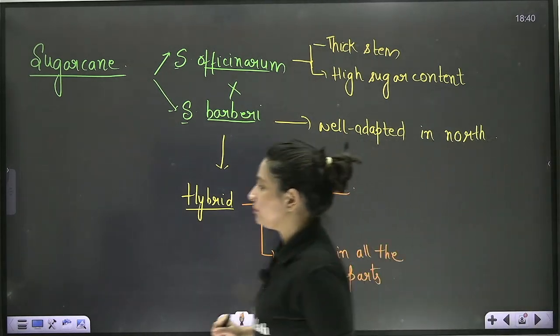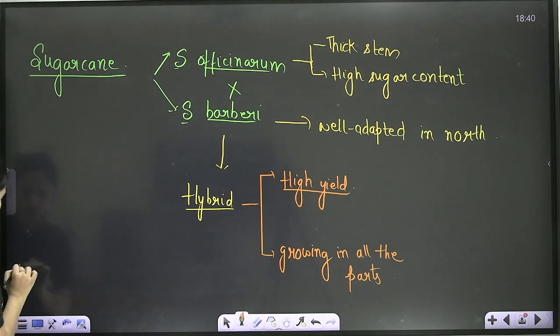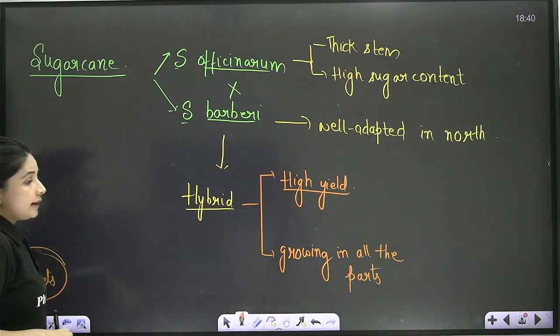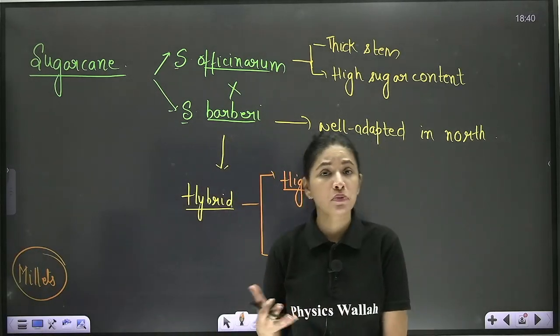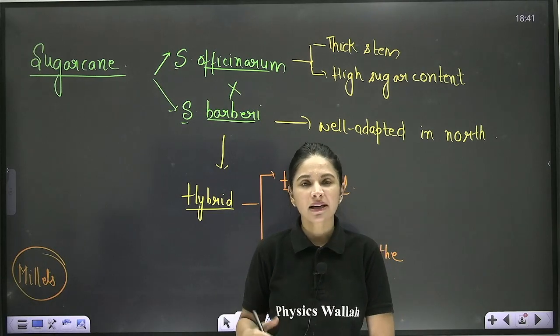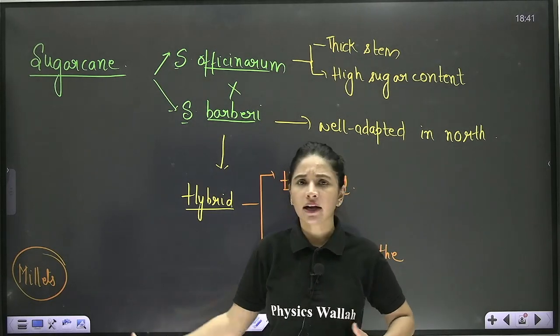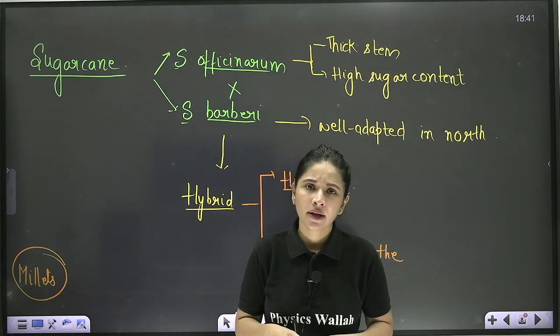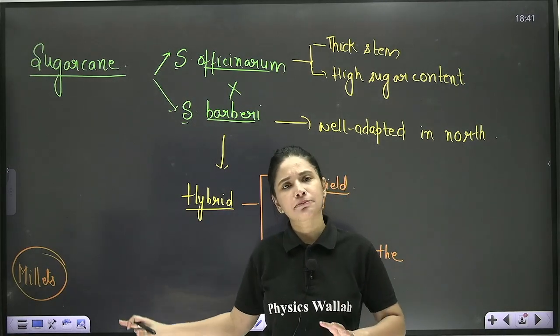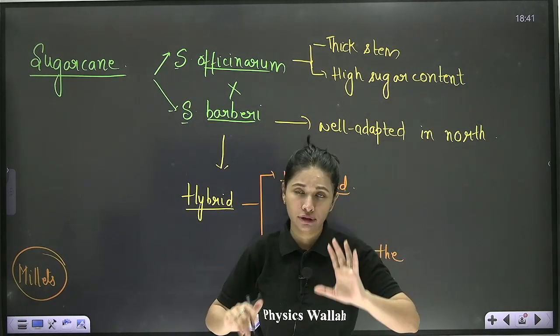Similarly, beta, even millets. Millets are like your bajra, jowar and ragi. Right? Now, these millets, beta, already they are growing in regions where water is scarce. But sometimes what happens, like in our country, Rajasthan, if I talk about Rajasthan, Rajasthan is so poor in water, right? So these millets are well adapted to grow in the deserty regions.